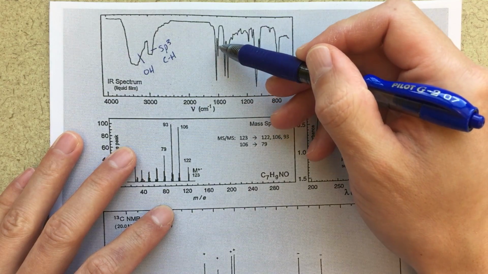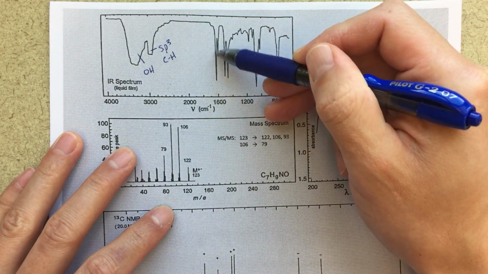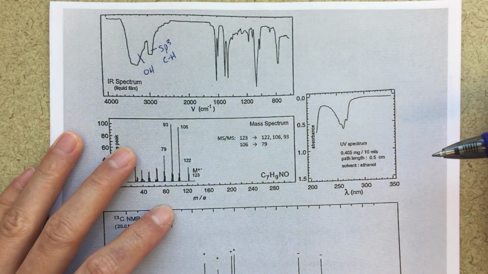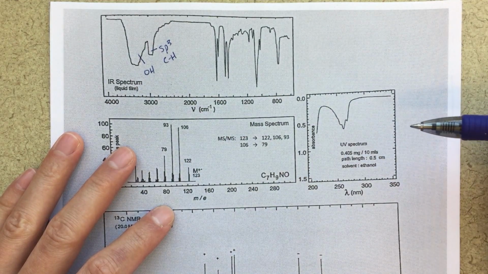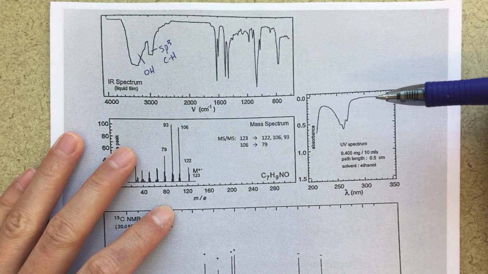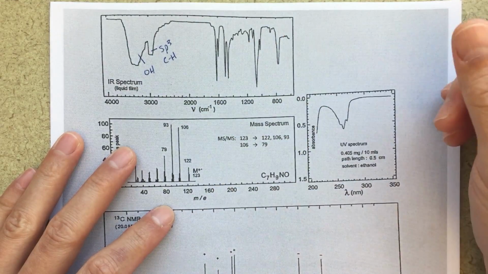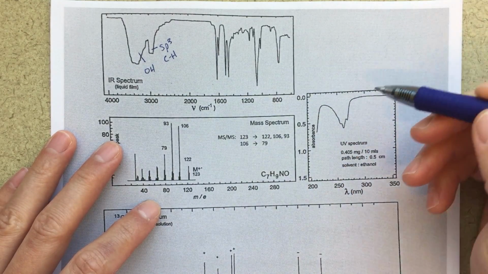This smaller peak might come right at 1600, but because this large peak doesn't, I'm going to leave that alone for now. But very clearly an OH and then sp3 hybridized CH bonds. There could be a little hint of sp2 hybridized CH, but when we're first going through this, we want to focus on the things that we know 100% for sure.